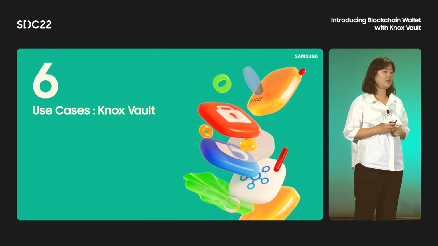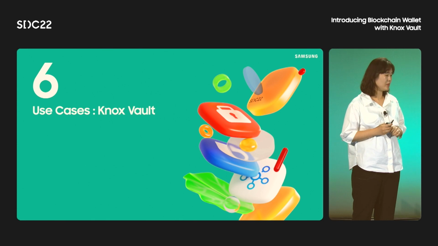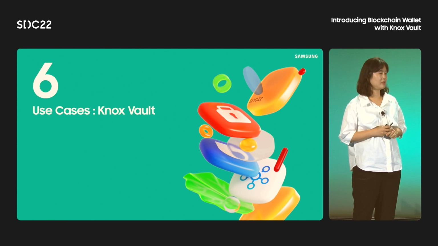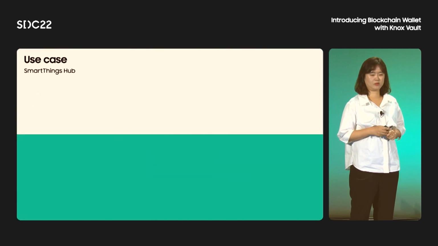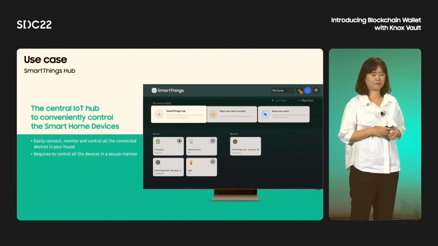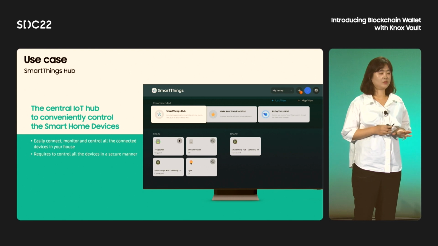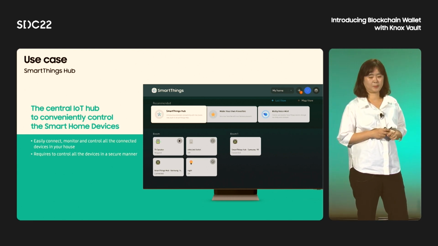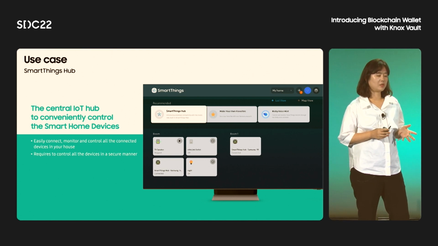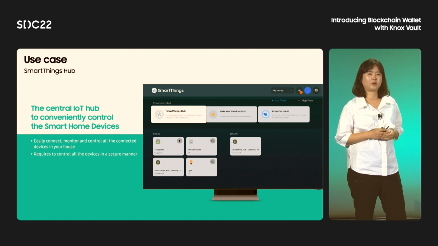Now, let's see which services will use Knox Vault to protect their data. You can control your smart home devices in SmartThings Hub on TV. What happens if someone steals the permission to control your home devices?